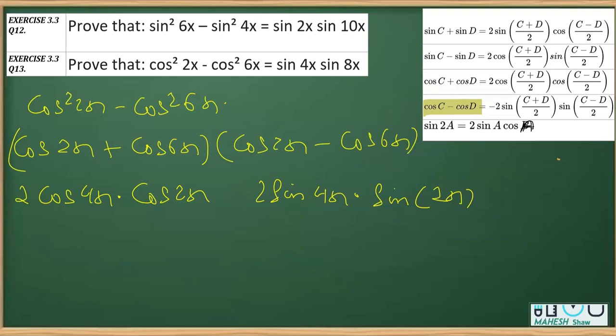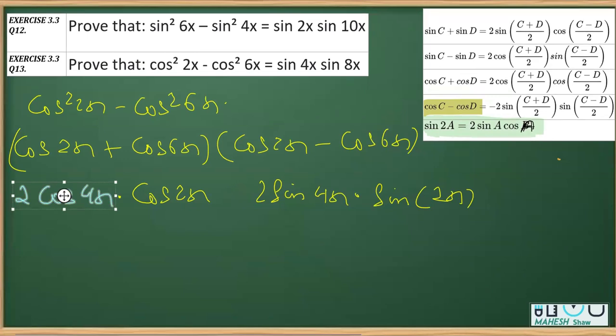Now, same as the previous part, the RHS is obtained by applying the identity of sin 2a. So we need sin 8x. I can see this is 2 sin 4x cos 4x.